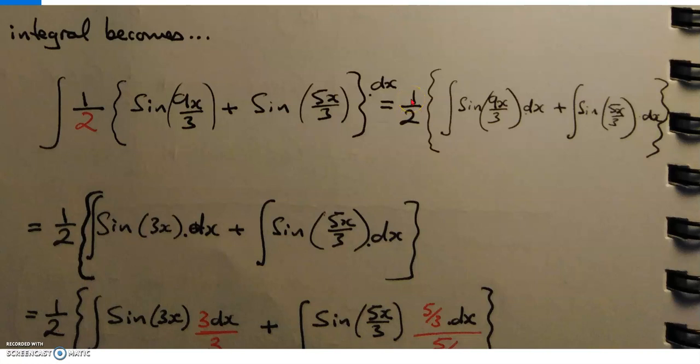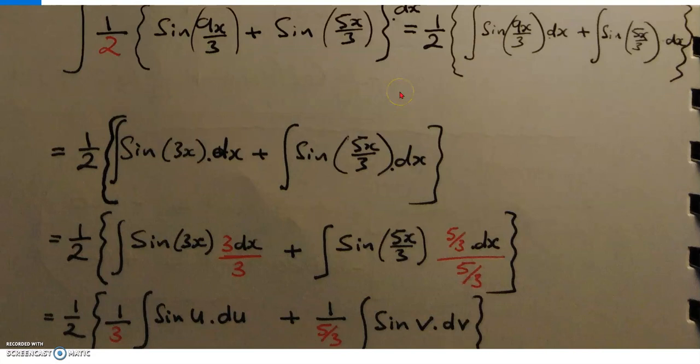I've got to be a bit careful here because I'm now going to integrate this and this separately, which is why I've written two integral signs. The integral of the sine of 9x over 3 plus the integral of sine 5x over 3. But I have to be careful because this half multiplies all of that, which is why I've got these squiggly brackets there and there to show that all of this is going to be multiplied by a half.